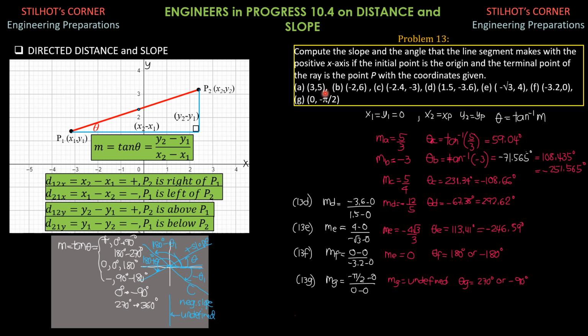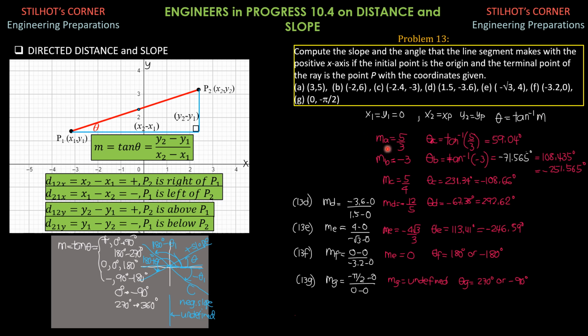Therefore, if we denote this as xp and yp, then the slope will just be yp minus the initial point, which is the origin 0, over xp minus 0. So in short, the slope reduces to simply yp over xp, the ratio of the ordinate y and x. So it reduces to this case.